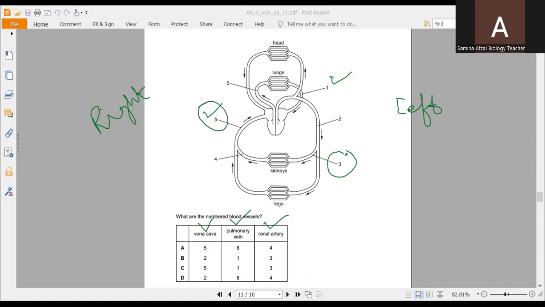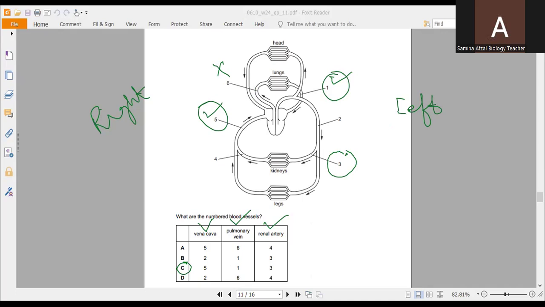So 5, 1 and 3 are the options. It means C is the correct option, because 6 is the pulmonary artery, which is taking the deoxygenated blood towards the lungs. So this is not the correct option.